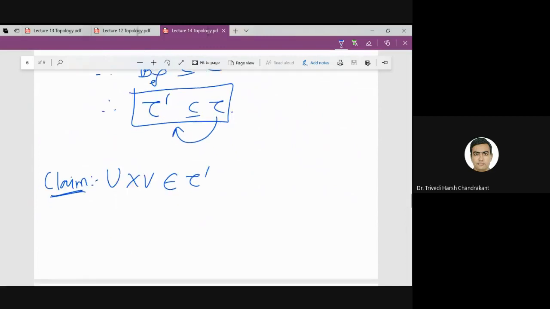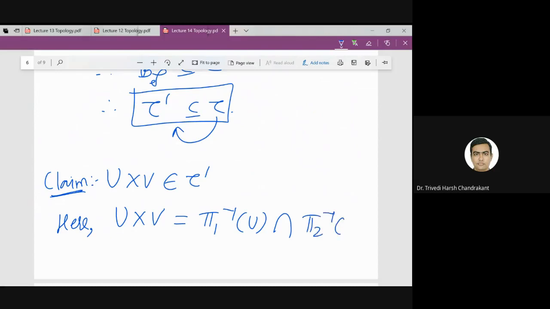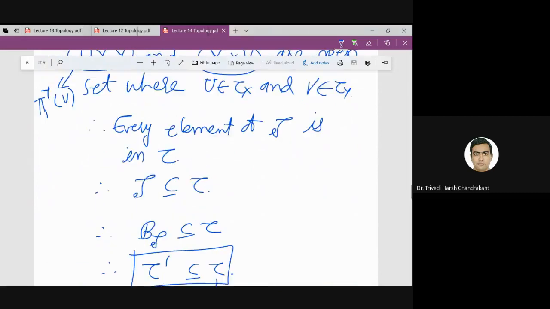So to show U cross V is in tau dash, I have to show U cross V is open. What is U cross V? We already verified that U cross V is nothing but pi 1 inverse U intersection pi 2 inverse V, right? So this says that, what we already know, pi 1 inverse U is open.